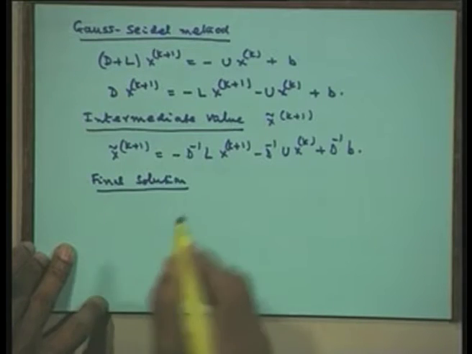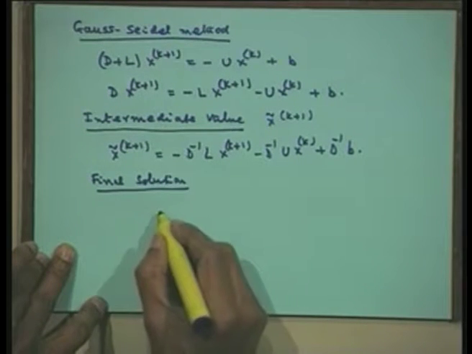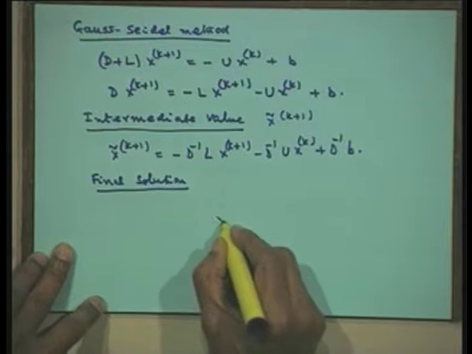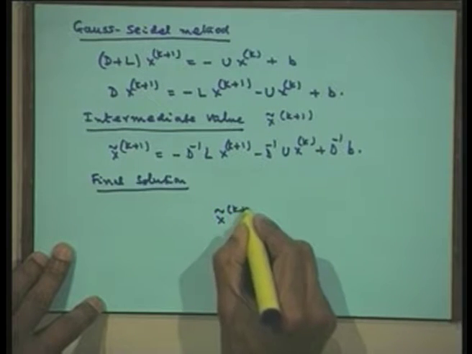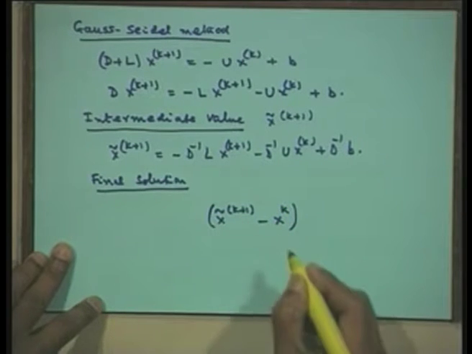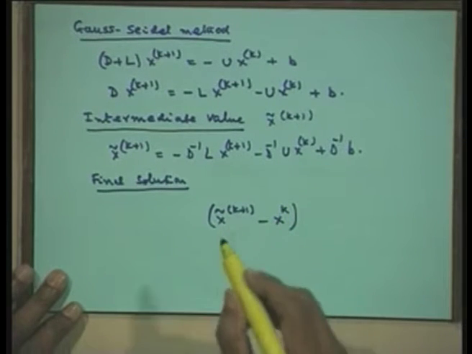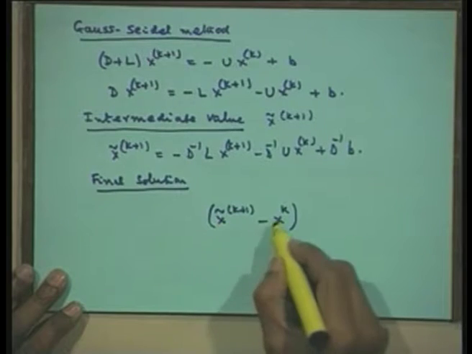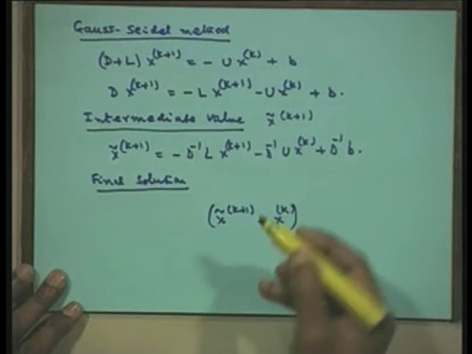Let us first take the difference between the two values: x tilde (k+1) minus x^k, the difference of the intermediate value and the value at the previous iteration.